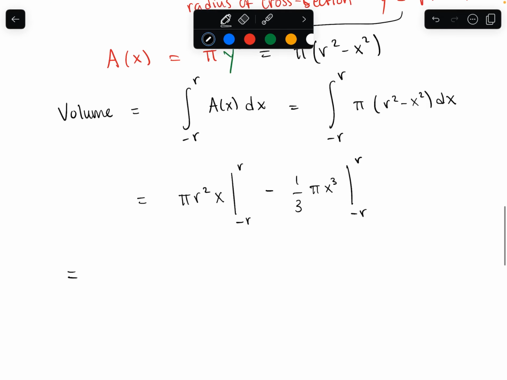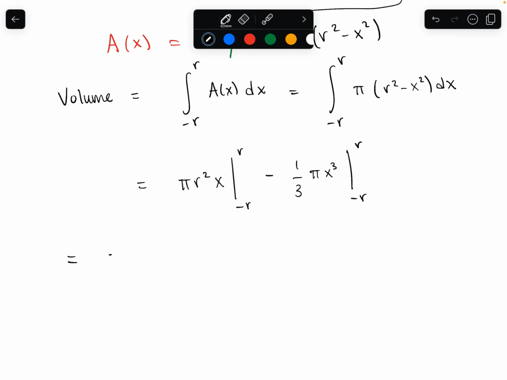And now it's just bookkeeping and keeping track of the computation, but let's finish it off. Pi r squared, x minus negative x, minus 1/3 pi, here, oops, sorry, that was a mistake, r minus negative r.